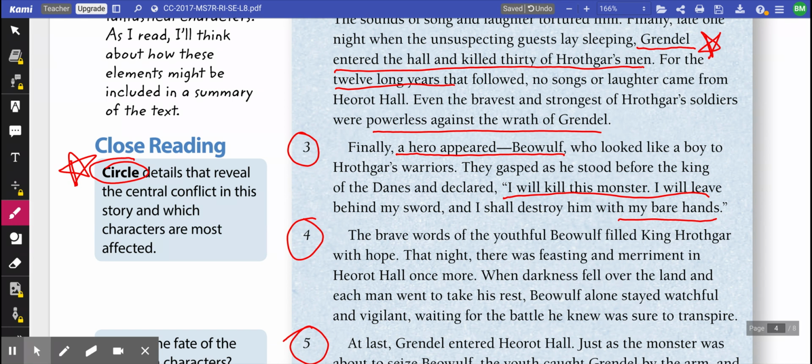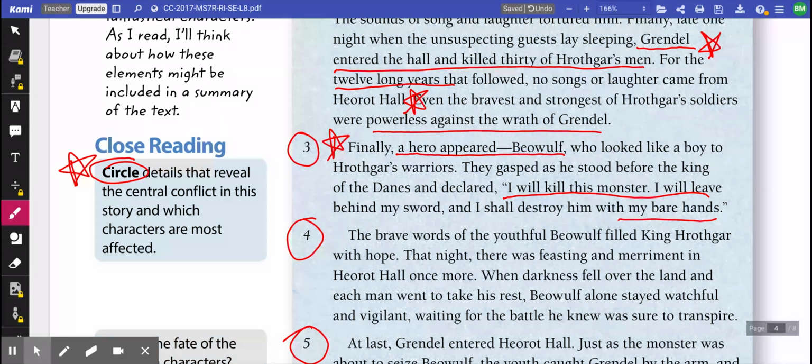Because the other problem is that right here, even the bravest soldier was powerless against him. They couldn't stop him. So the conflict just keeps continuing until we finally get a hero that appears.